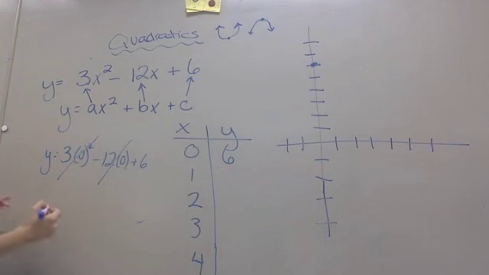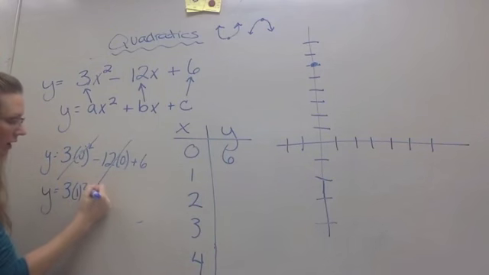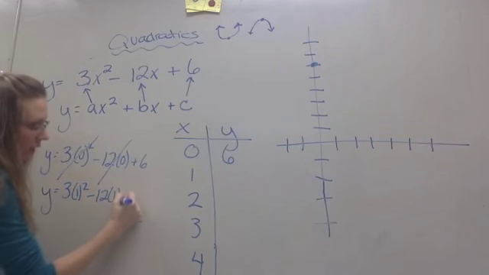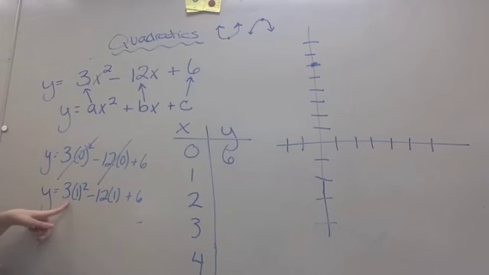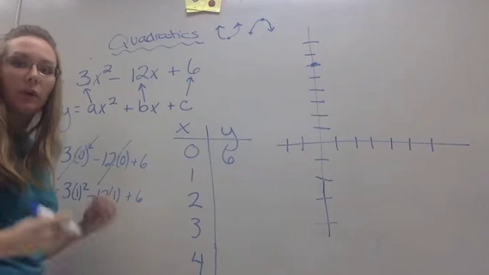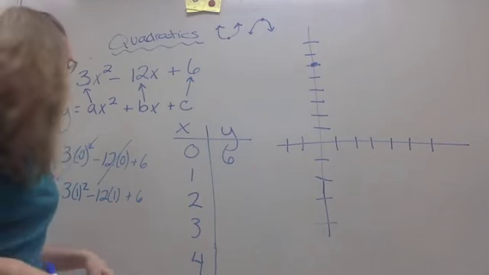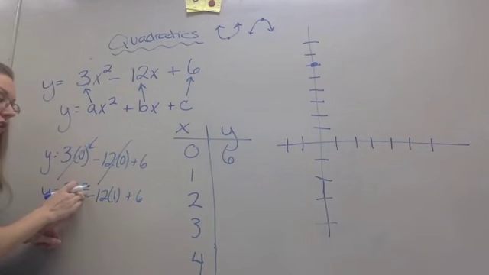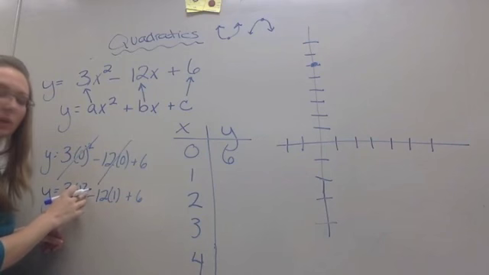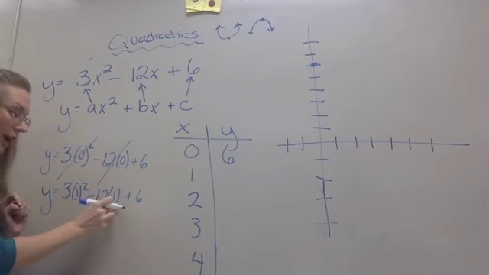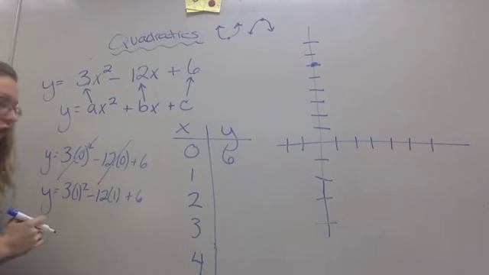Next, I'll plug in 1. So I'm going to have y equals 3 times 1 squared minus 12 times 1 plus 6. When solving quadratics, it's always important to remember your order of operations. Here, we must do the exponent first before we multiply these pieces, and here we must multiply before we do any of the addition or subtraction.